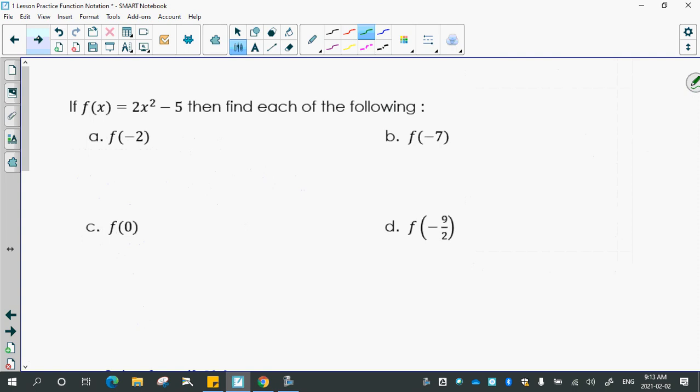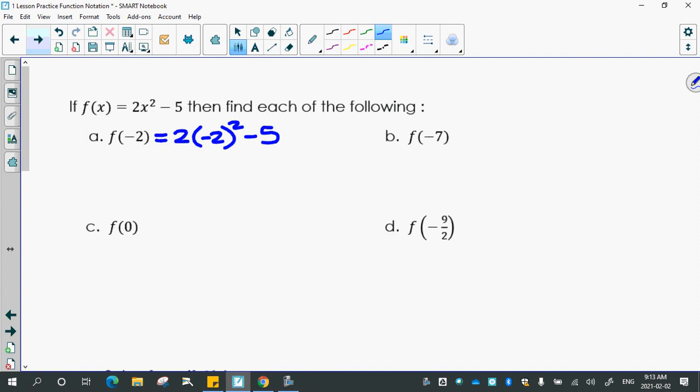All right, so now if f at x is 2x squared minus 5, find each of the following. So instead of just a linear equation, we now have got an x squared or a quadratic parabola. So when we substitute that x in, it's going to have a square. So we're going to do the exact same thing. So f at negative 2 is 2 times negative 2 brackets squared minus 5.